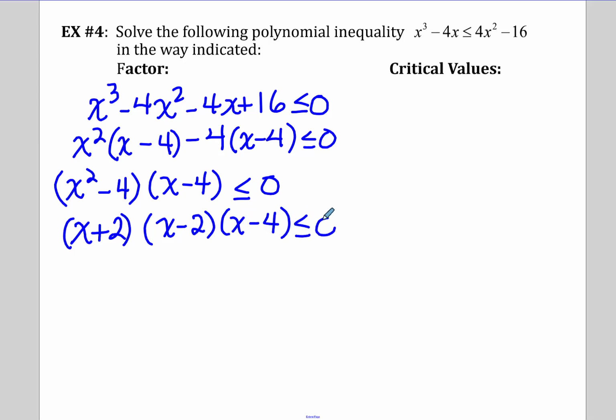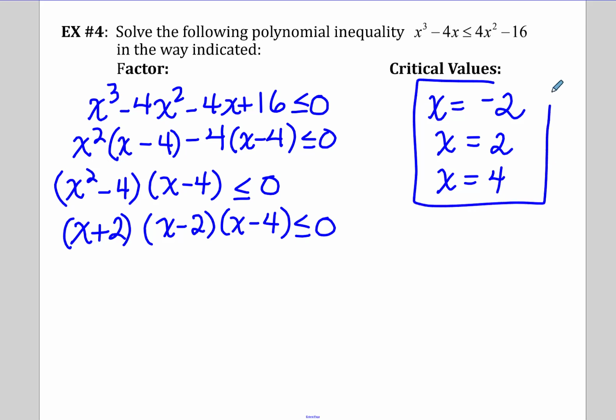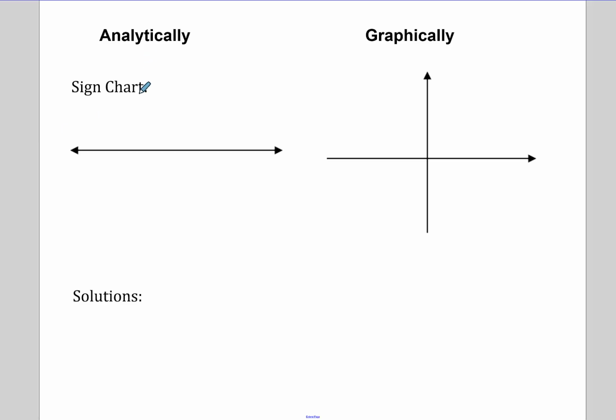That way, we know our critical numbers are -2, +2, and +4. So we're going to take these three values, those are our zeros, to a sign chart.